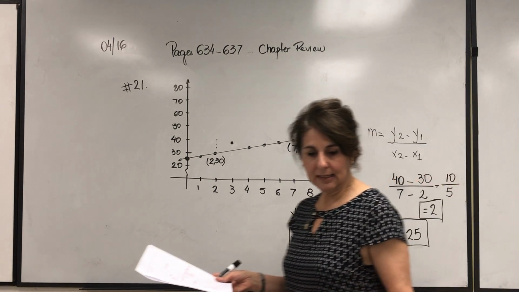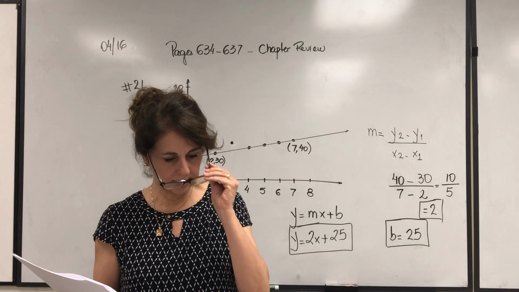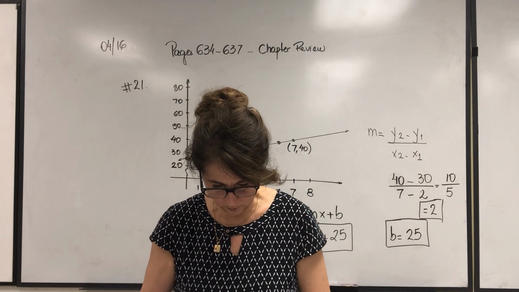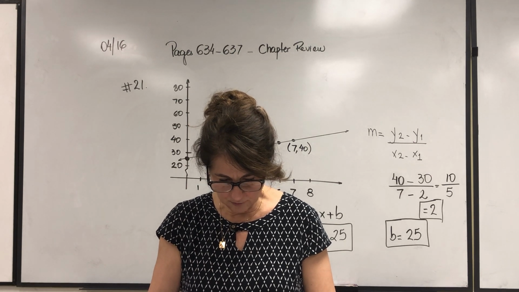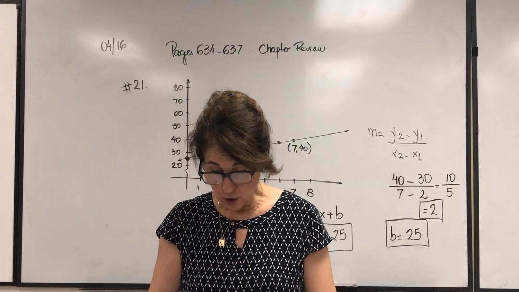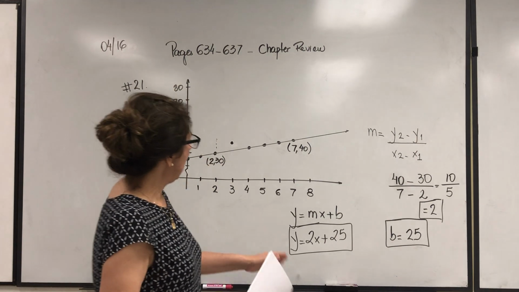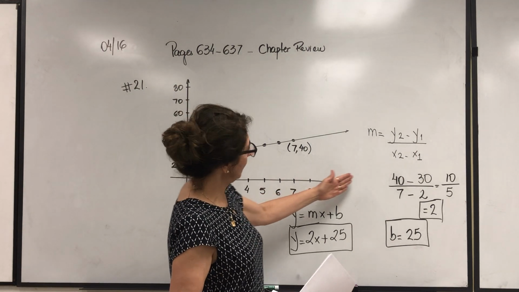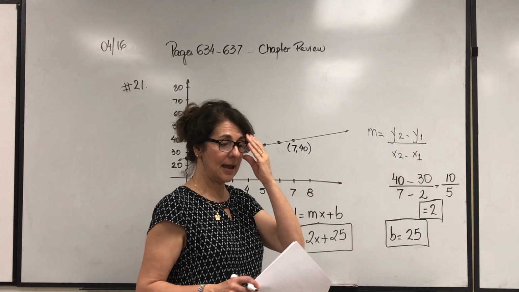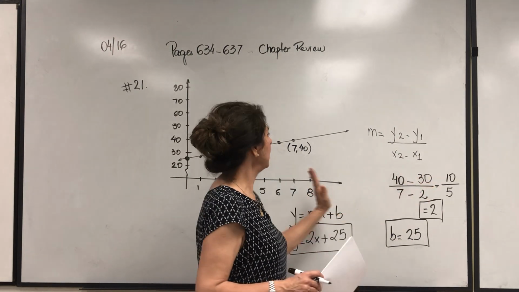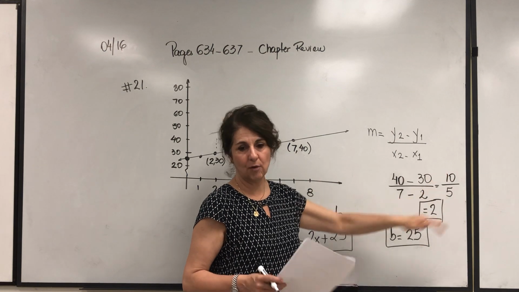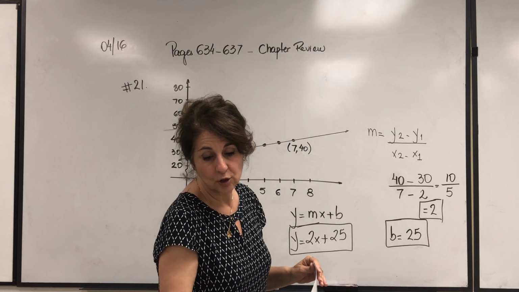And then letter C. Let's read what letter C is asking for. Use the equation to make a conjecture about the number of students who will attend game 12. So I didn't even write all the way to 12 here. I could have drawn that on my graph, made it much longer, and gone all the way to 12. But they're saying, use the equation.